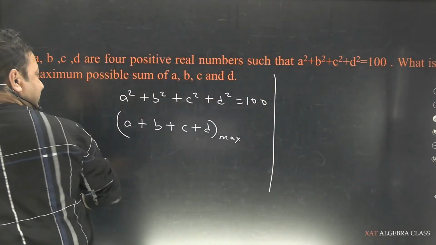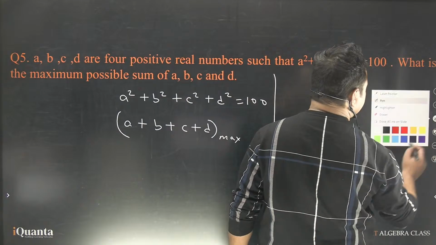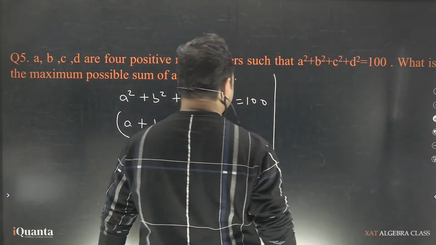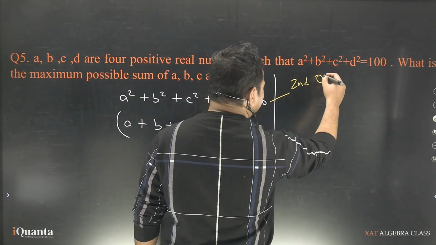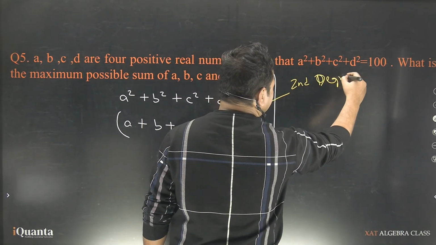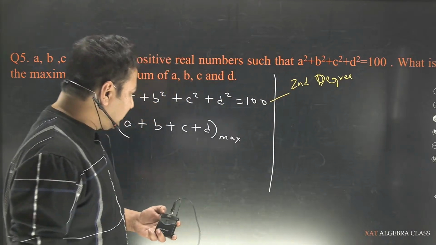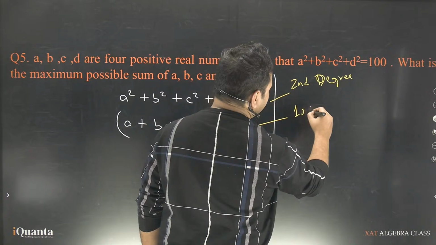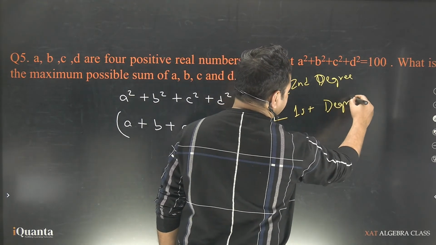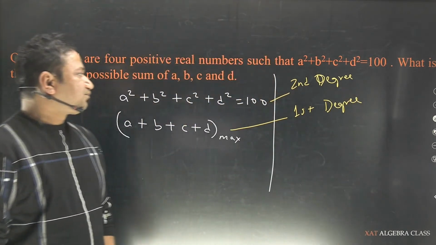So look at this interesting concept. Now tell me, this is second order, isn't it? Second degree. The power of the variables is 2. So this expression is second degree and this expression is first degree. Yes or no? Tell me. Is that right?